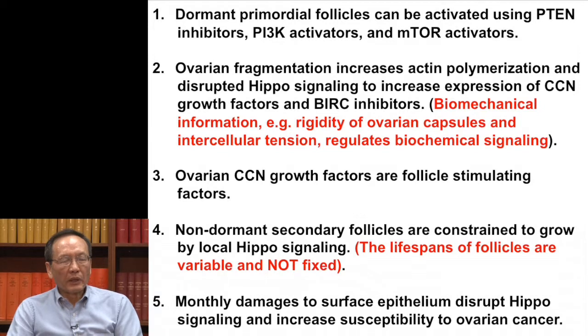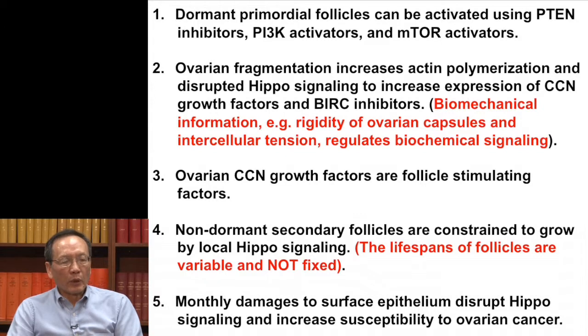So I think to summarize, we show that, number 1, the dormant primordial follicle can be activated. And number 2, ovarian fragmentation can increase actin polymerization and then lead to follicle growth. The red color shows one important piece of information, that is, biomechanical information, such as the rigidity of the ovarian capsule and intercellular tension, can regulate biochemical signaling.